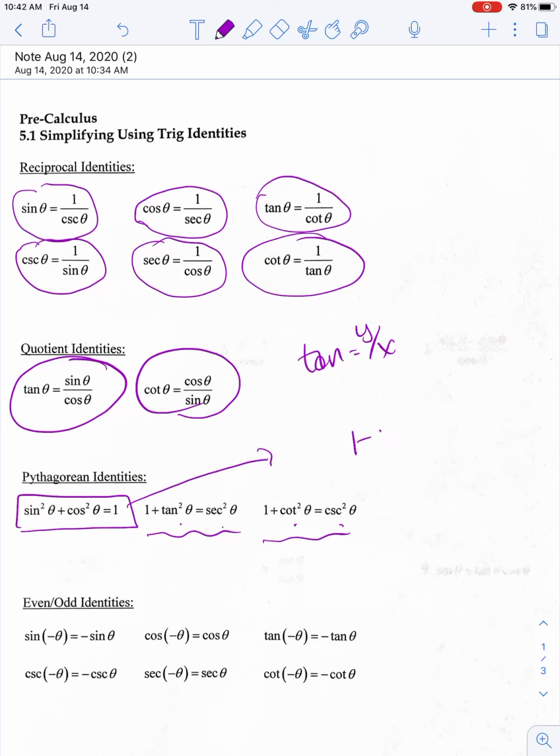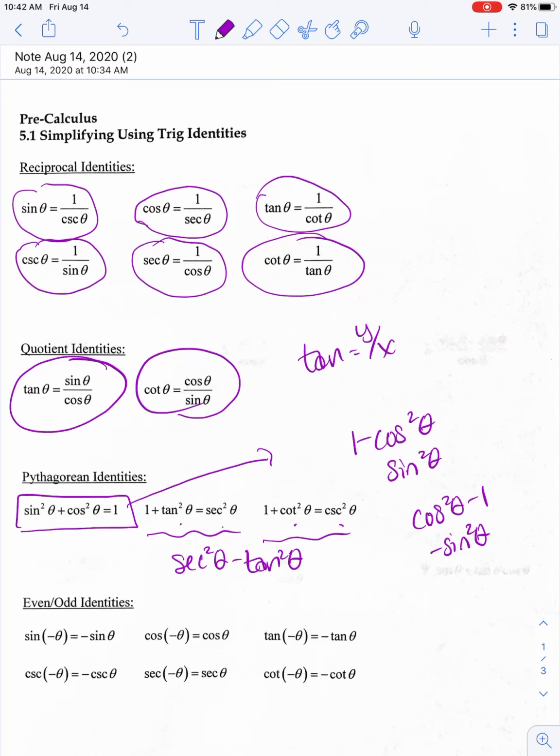And remember, you can move these around. So like I could have 1 minus cosine squared, and you would need to know that that's sine squared. Or I could have cosine squared minus 1, and you would need to know that that's negative sine squared. I could have secant squared minus tangent squared.